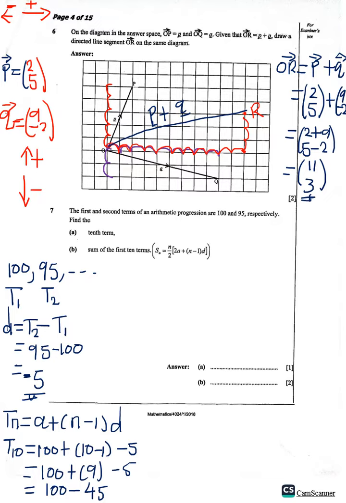So 100 minus 45 is 55. So that is our answer for the first part. The number in position 10 is 55. Now let's look at the sum of the first 10 terms.